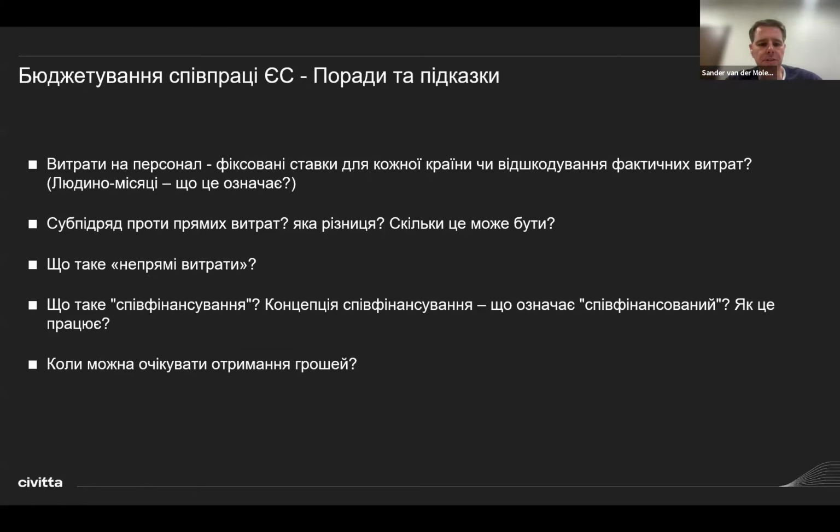Jan has been introducing the concepts, for example, of staff costs. And what I think is important once you apply to any new grant opportunity is understanding the typical approaches. There are two examples. Either you can calculate your staff cost by calculating the actual costs to the organization of your staff.